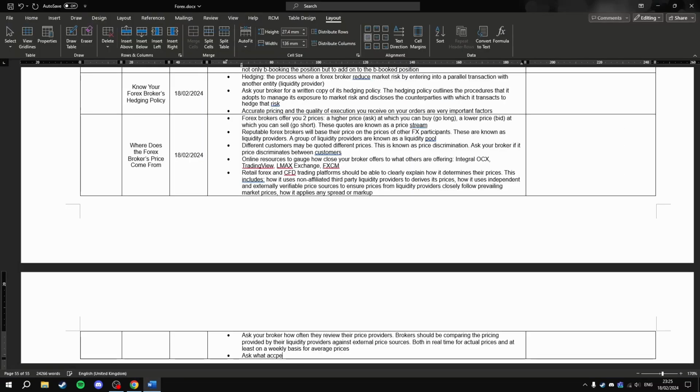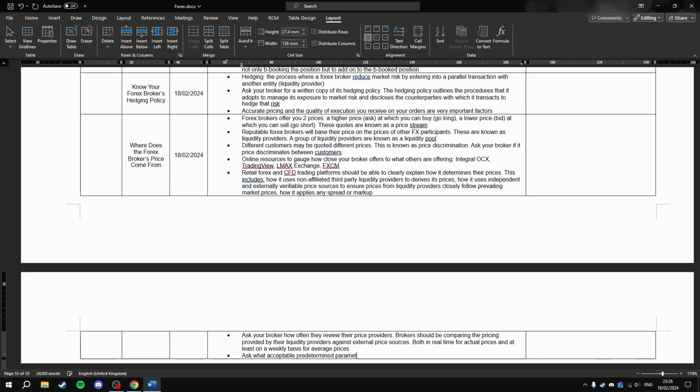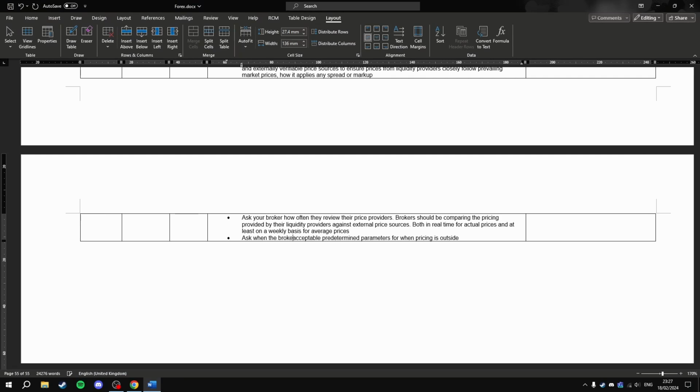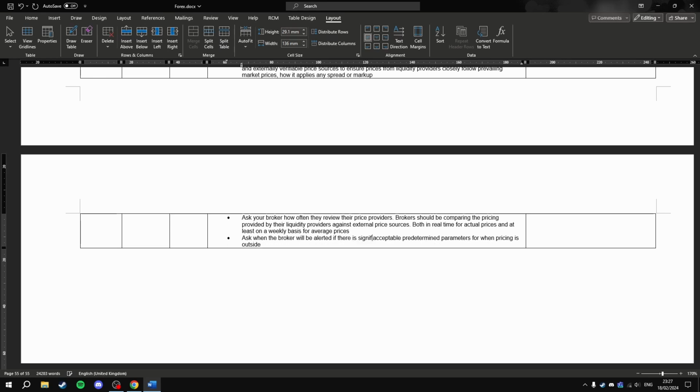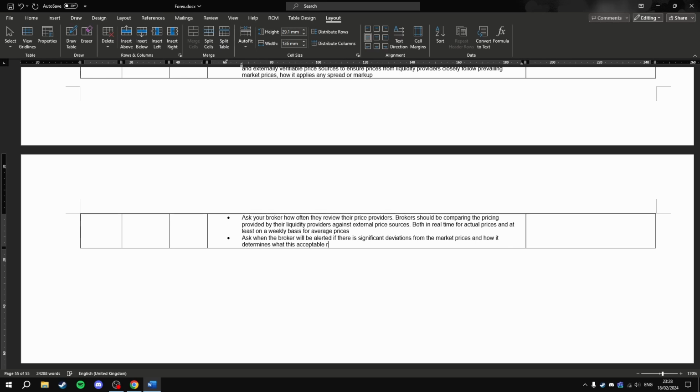Ask when the broker will be alerted if there are significant deviations from the market prices, and how it determines what this acceptable range is.